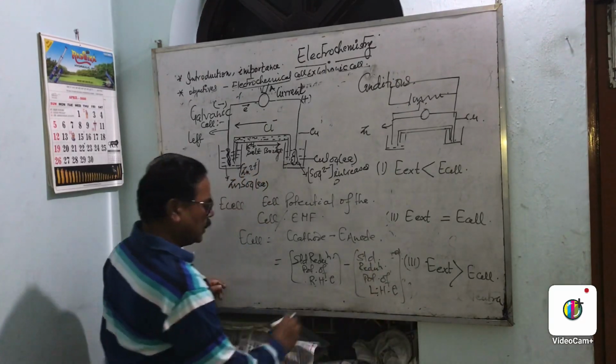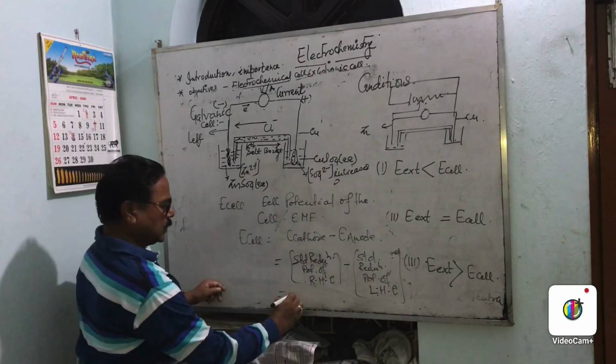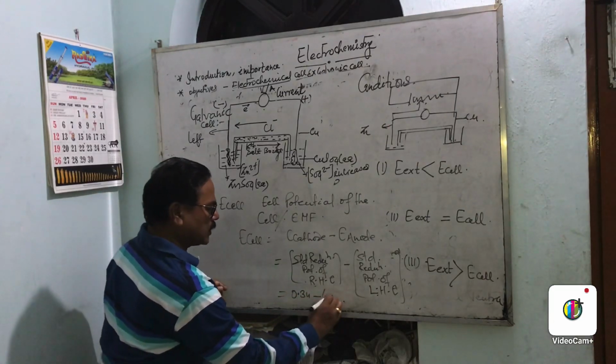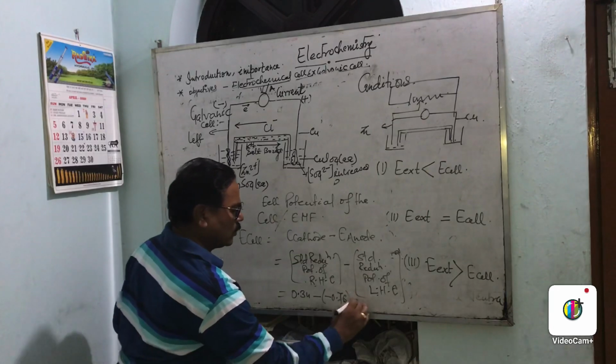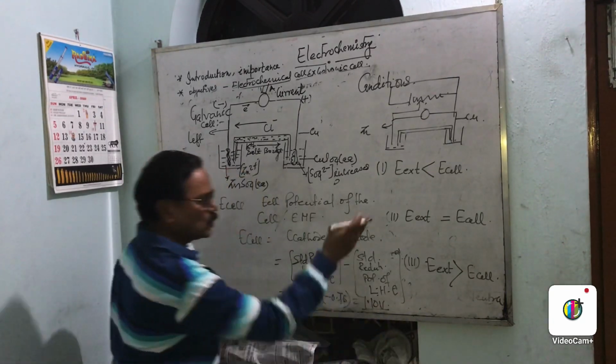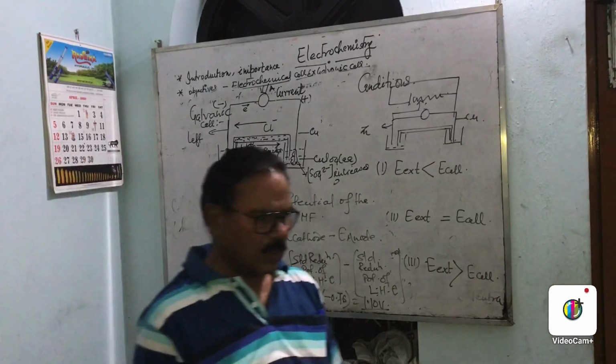So the value on the right side, copper, is used, and its value is 0.34, and this is the value of minus 0.76 volt, and now it is calculated, 1.10 volt it comes. So this is here the cell potential of the cell.